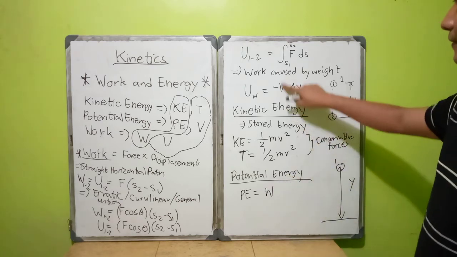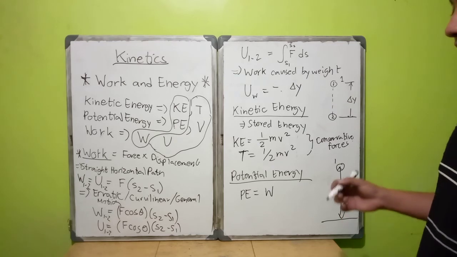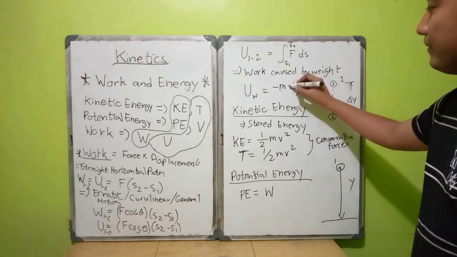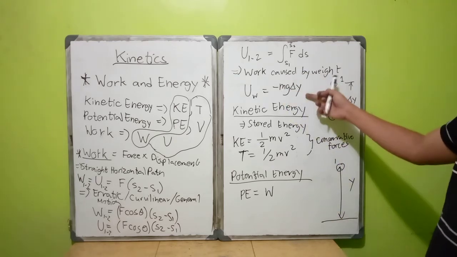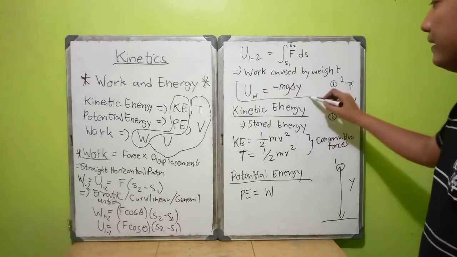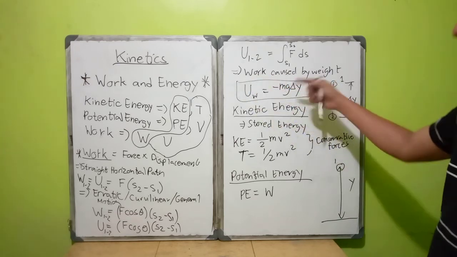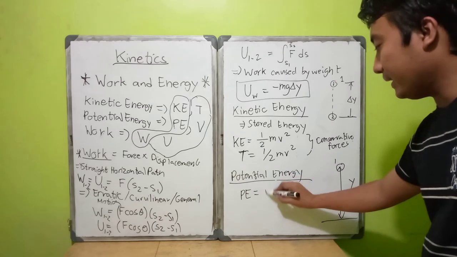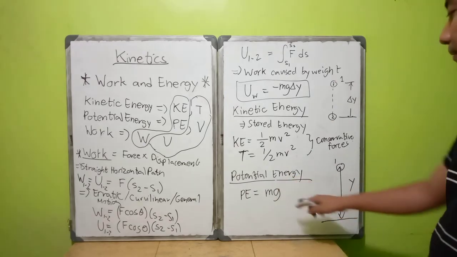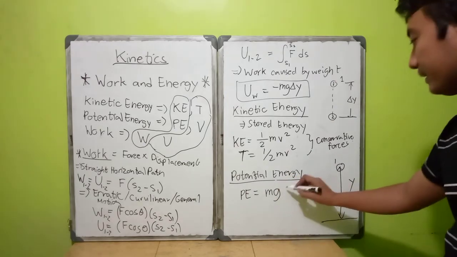Not to be confused, this should be mass times gravity: mg times the change in y, or your mass times the acceleration due to gravity, mg times y.